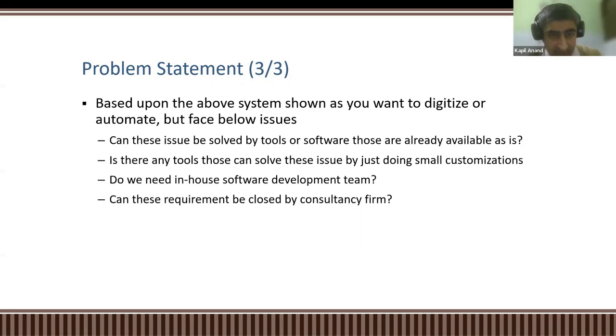So as per our discussion, whenever a company wants to digitize their processes, there are four ways. One is they can use already available software, or they can use that software and do some customization in that as per their needs, or they would develop their own software development team in their organization.